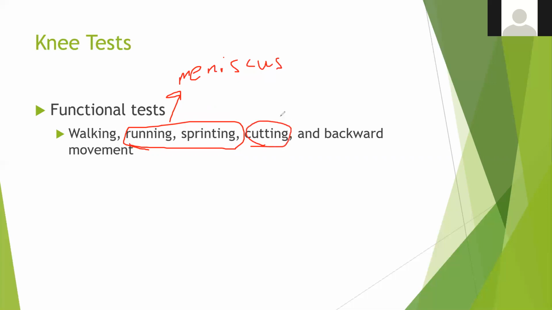Cutting is going to be most useful for ACL, MCL, and LCL. Backward running is going to get PCL.